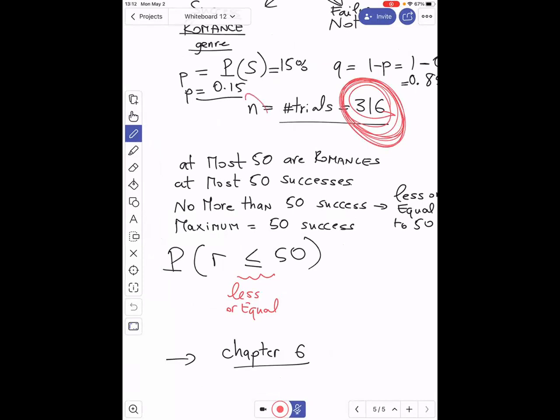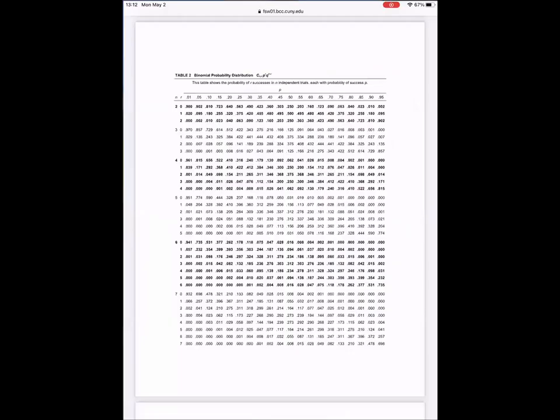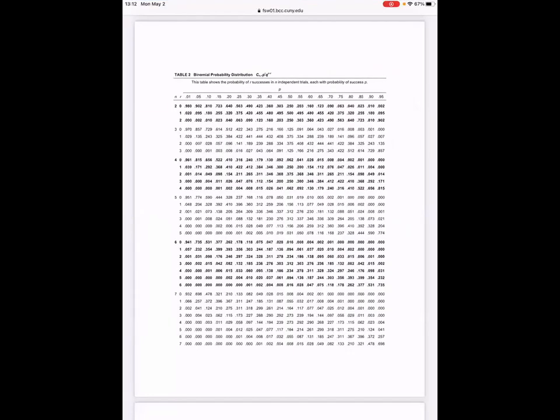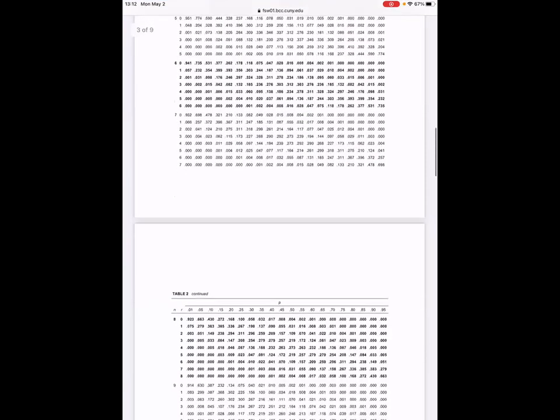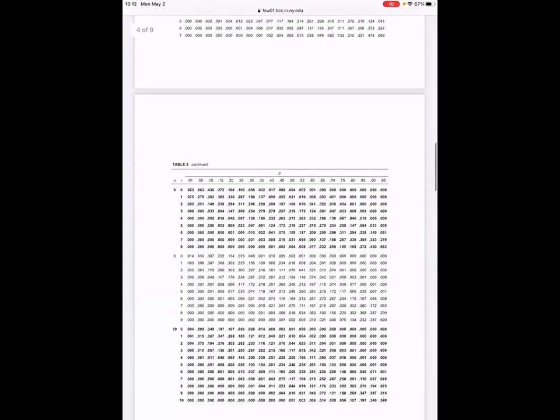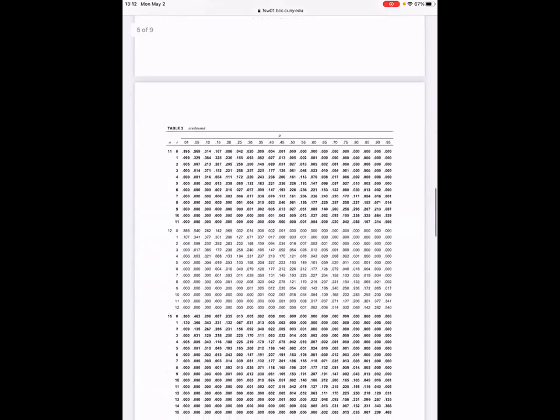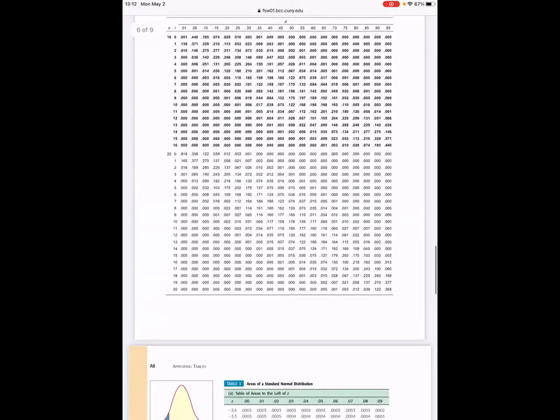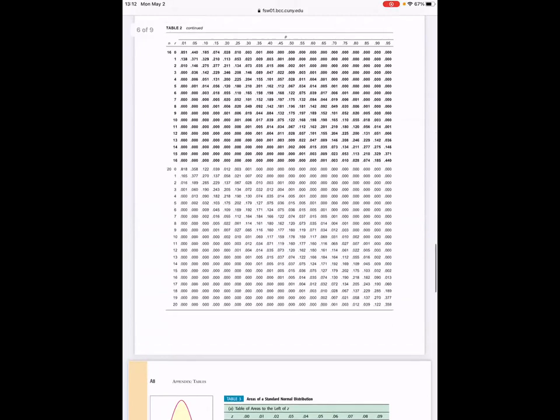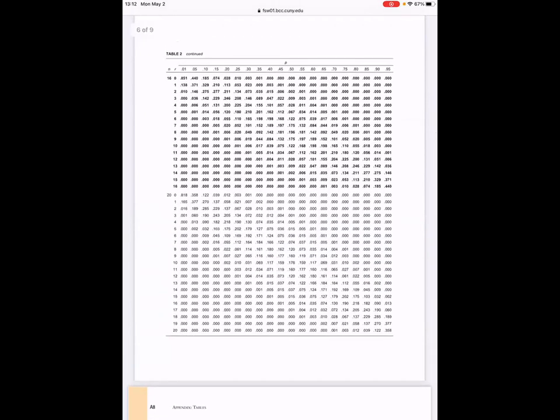If you go to the next page of table 2, the largest value of n is 20.